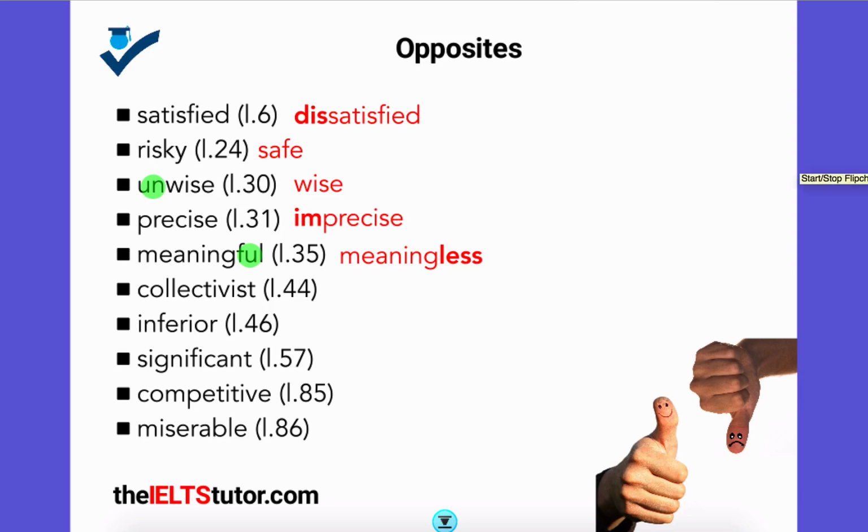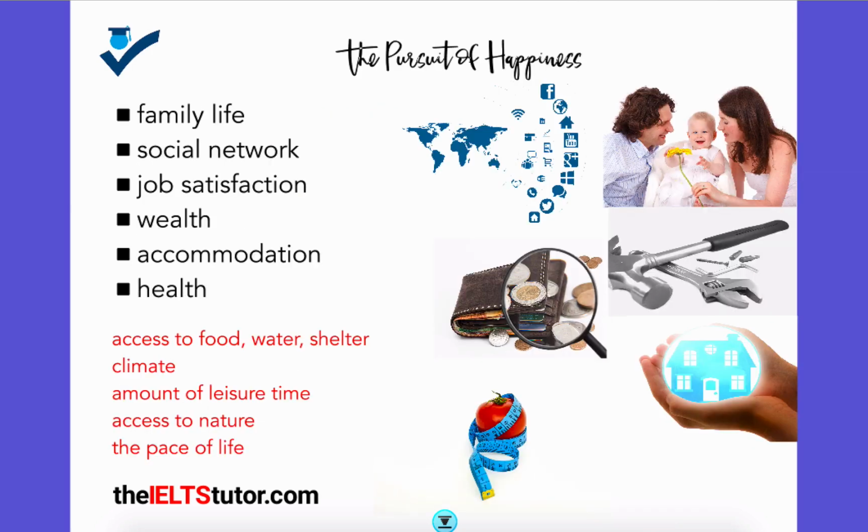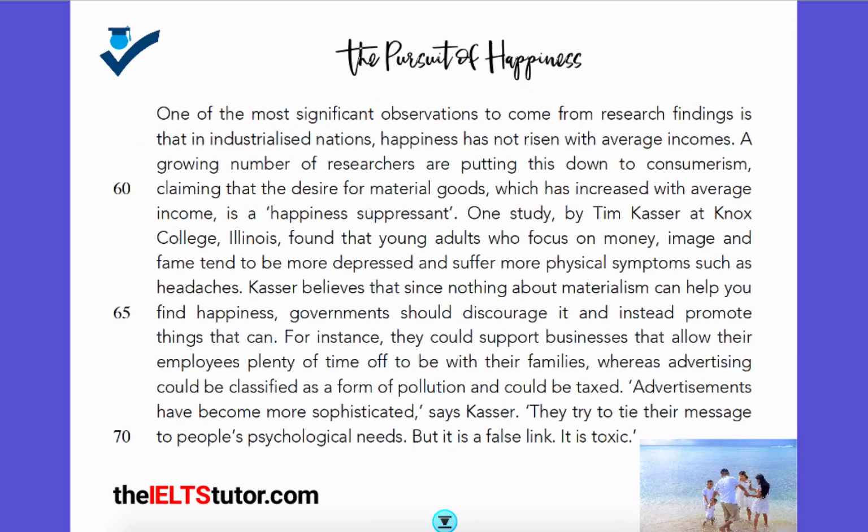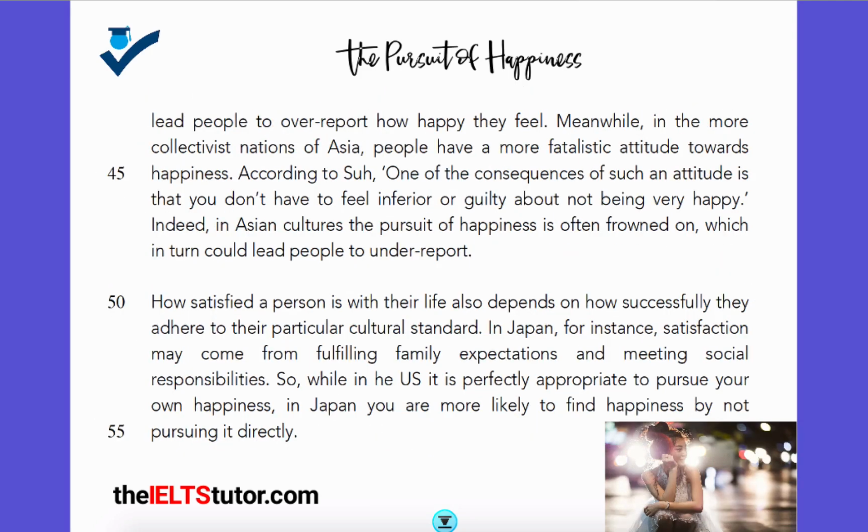Okay. Now, collectivist, line 44. What could the opposite mean? Let's check out what the meaning is from the context that it's being used. Meanwhile, in the more collectivist nations of Asia. Now we know that collectivist bears a similarity with the word collect, collection.